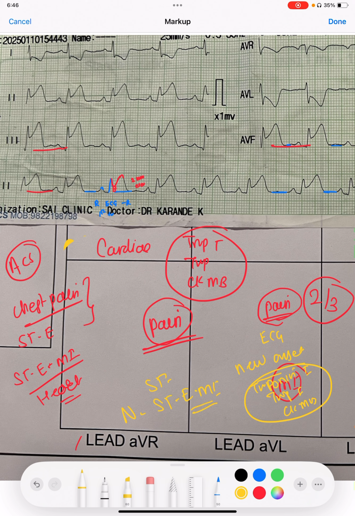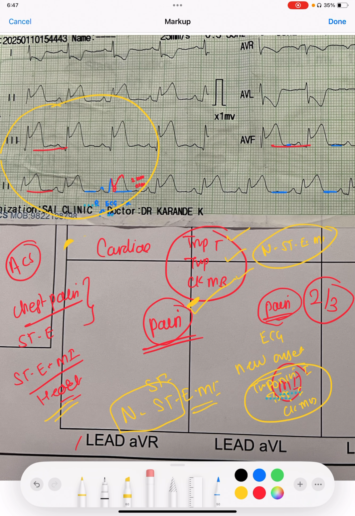Means heart attack is there, but there is no ST elevation. Because if ST elevation like this is there, then we can directly label it as STEMI. But if ST elevation is not there, but pain is there, and troponin T, troponin I, or CKMB is positive, means heart attack is there. So these things combined with no ST elevation will fall under non-ST elevation MI.